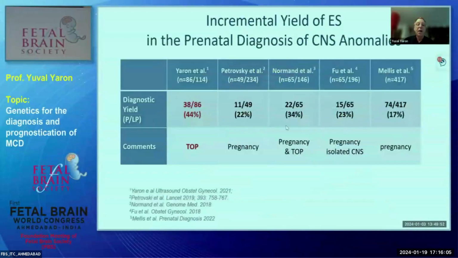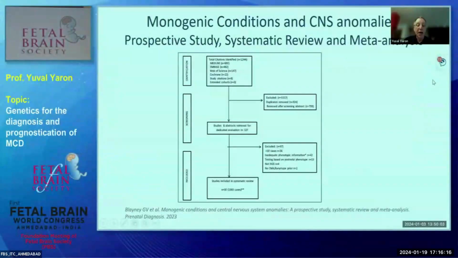So to compare our study with a previous study, we had a diagnostic yield of 44%, an incremental yield over chromosomal microarray. And then looking into this study that was recently published, a prospective study and systematic review of monogenic conditions causing CNS abnormalities in prenatal diagnosis.